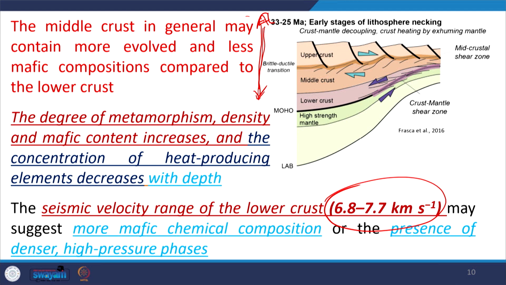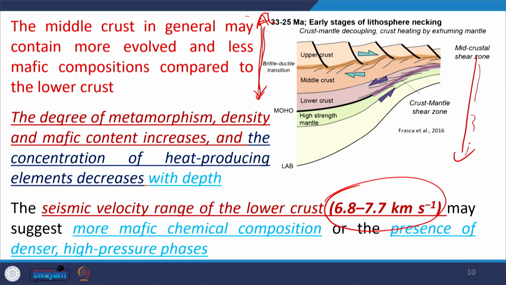So, gradually once we are moving down, the pressure increases. It is obvious that once we are going down, high pressure phases will be more dominant as compared to the low pressure phases. However, in the oceanic crust and the orogenic belt, there may be certain deviations. When we talk in detail about that, we will talk elaborately.